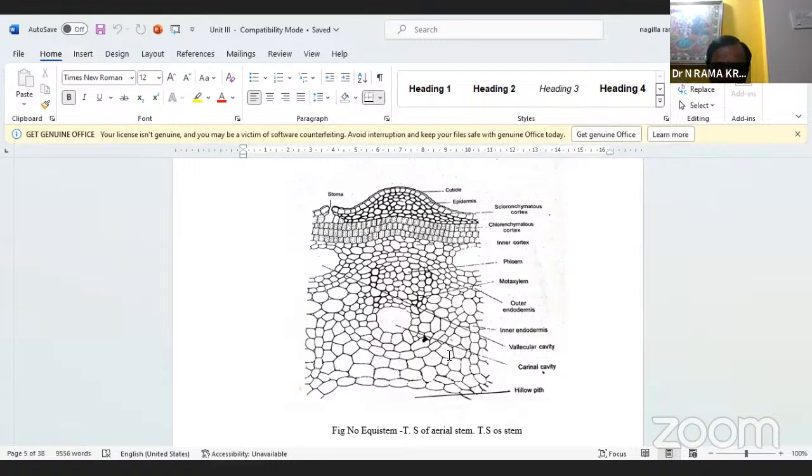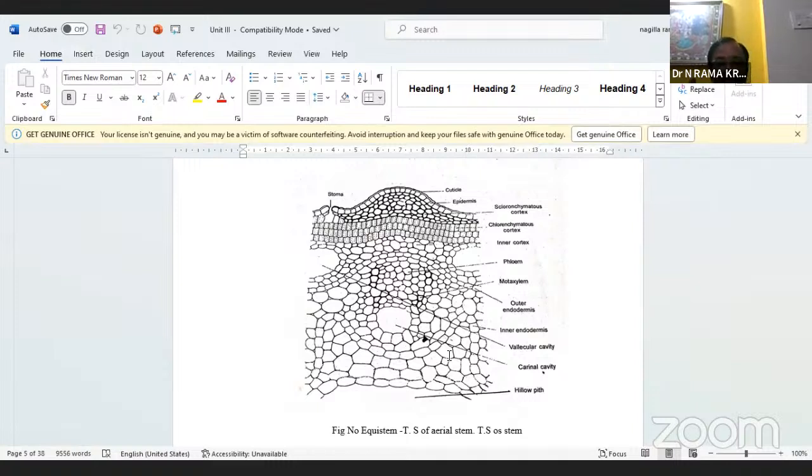So this disorganized protoxylem consists of a few tracheids which lie on the side of the carinal canals. The phloem is present in between the limbs of the V-shaped xylem and consists of phloem parenchyma, and we also see the sieve tubes.